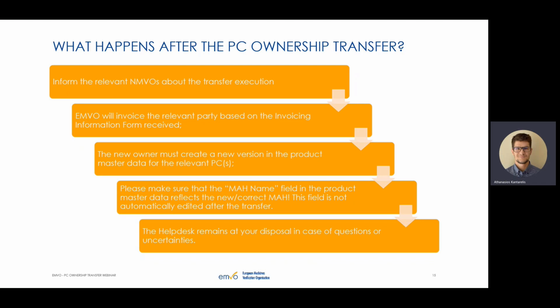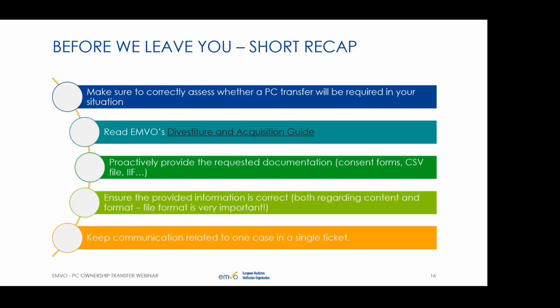This field is not automatically edited after the transfer, which is why the new OBP should be the one to check it. Lastly, the Elevo help desk remains at your disposal in case you have any questions, uncertainties, or something in the whole process of the transfer is not working for you.